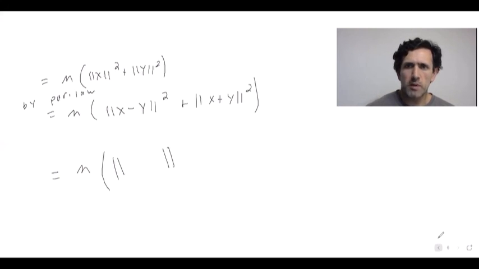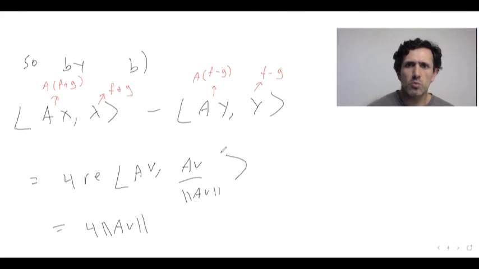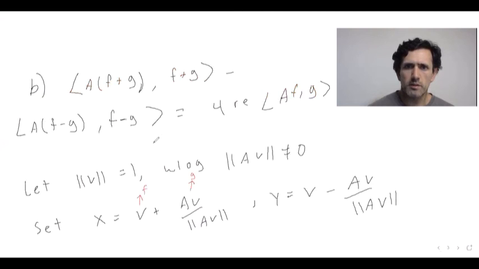Well, what is X minus Y? The V's cancel, so it's 2 AV over the norm of AV.